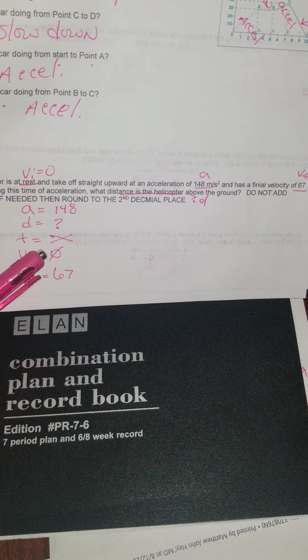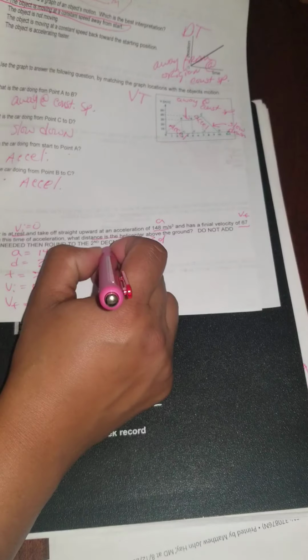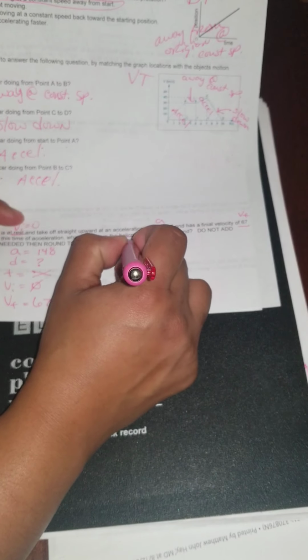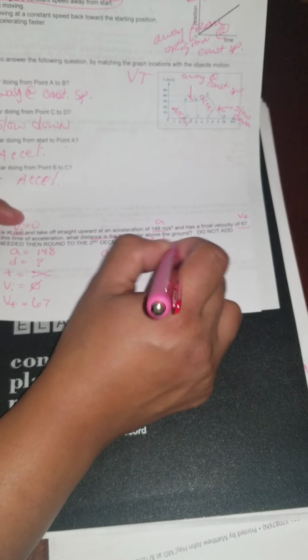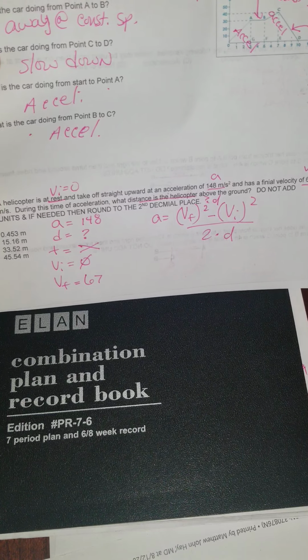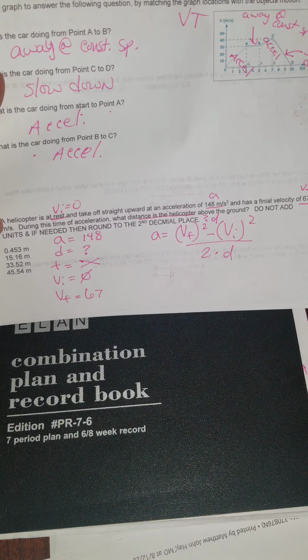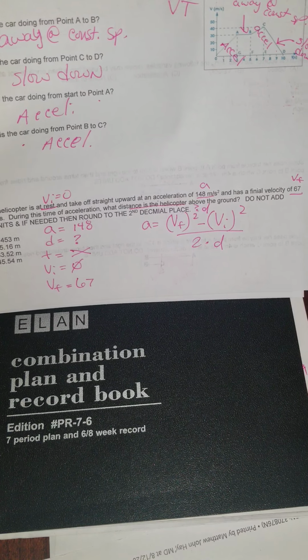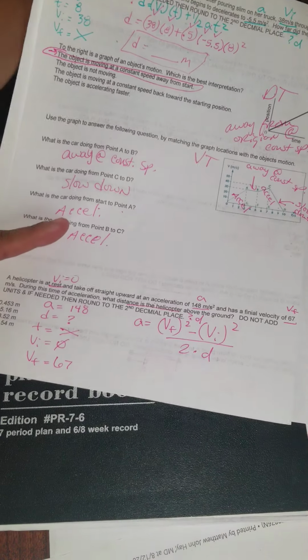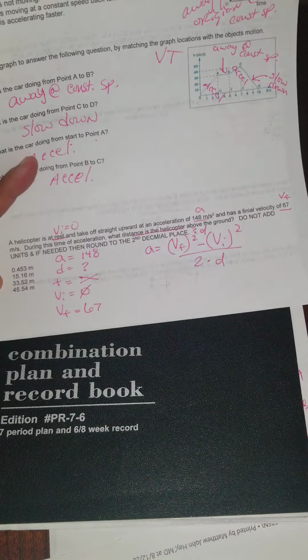So using the flow chart, it tells me to use this equation: A equals VF squared minus VI squared over 2 times D. That's what it's telling me. Go ahead, rearrange this or algebraically solve it, and we're going to look for D. But before I go further, let me double check to see if my flow chart is throwing me off or not.